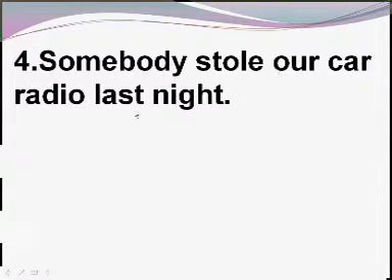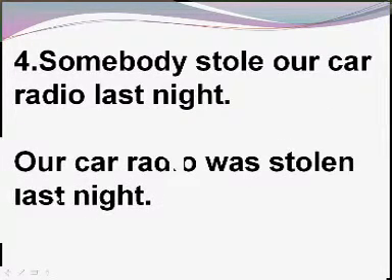Because our car radio is a singular word, what shall we use, was or were? Very good, of course, was, because it's singular. So it will read like this: our car radio was stolen, which is the past participle, last night.